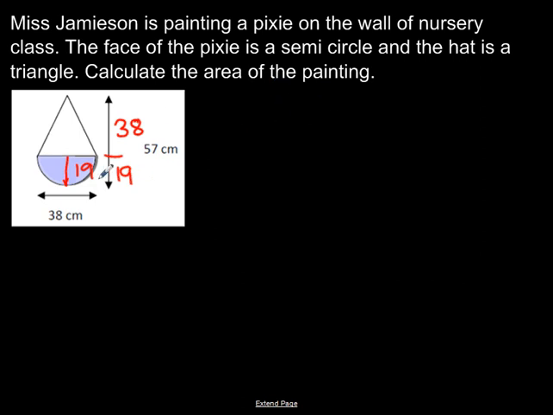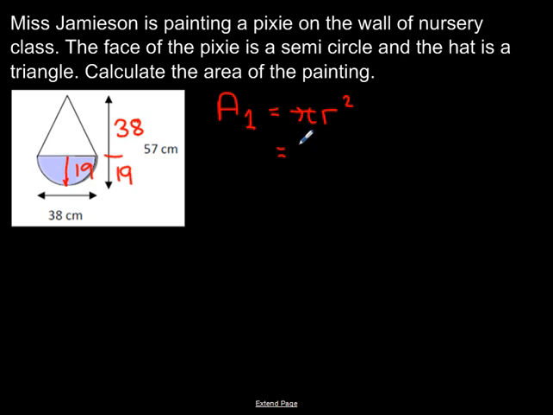Okay, so what I need to do to work out my area is I need to use the area of my circle and the area of my triangle, and then I need to add them. So let's call the circle area 1. Okay, well, that is pi r squared.